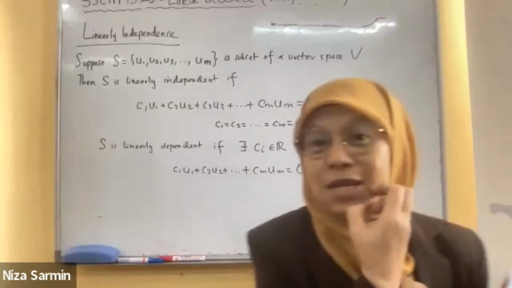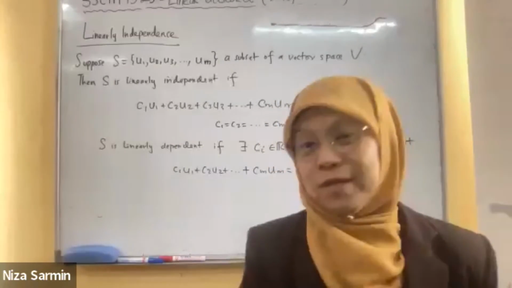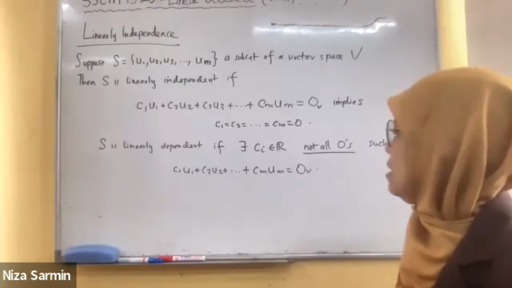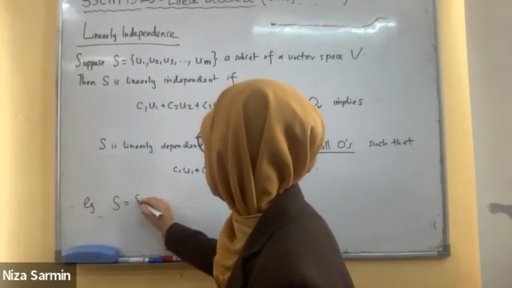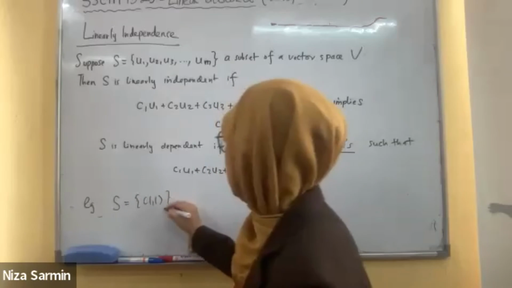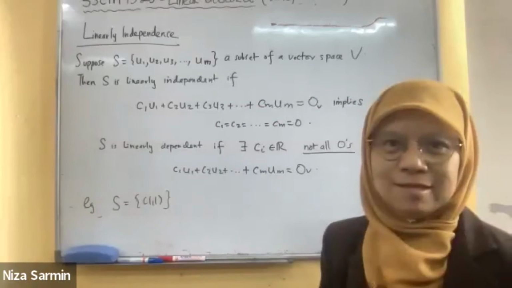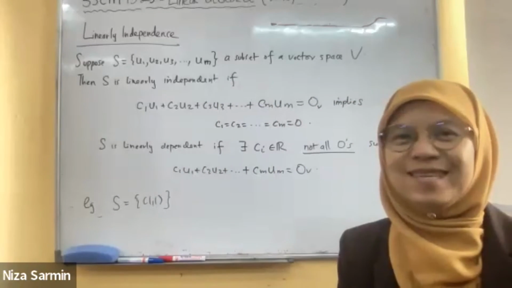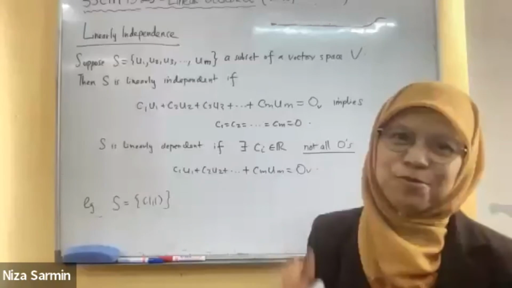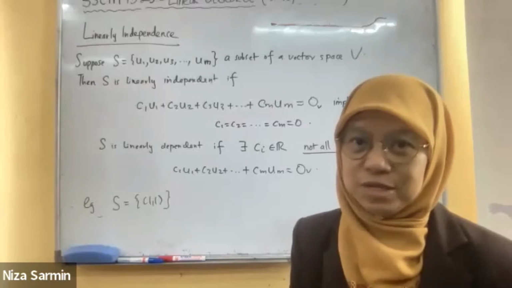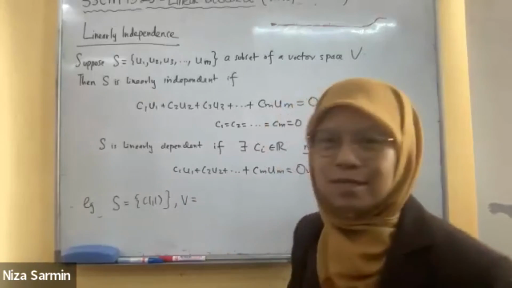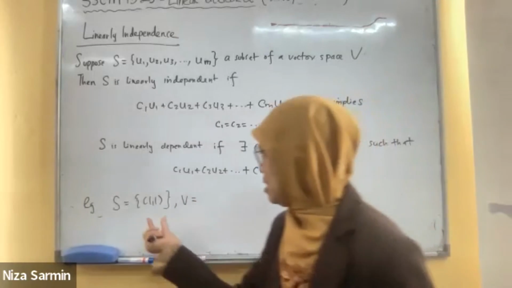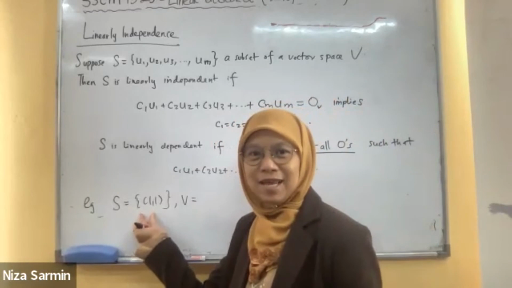Now we go to the example. Like this. There's also the theorem later, but we look at based on the definition first. What is the vector space? So you look at the element inside the set.